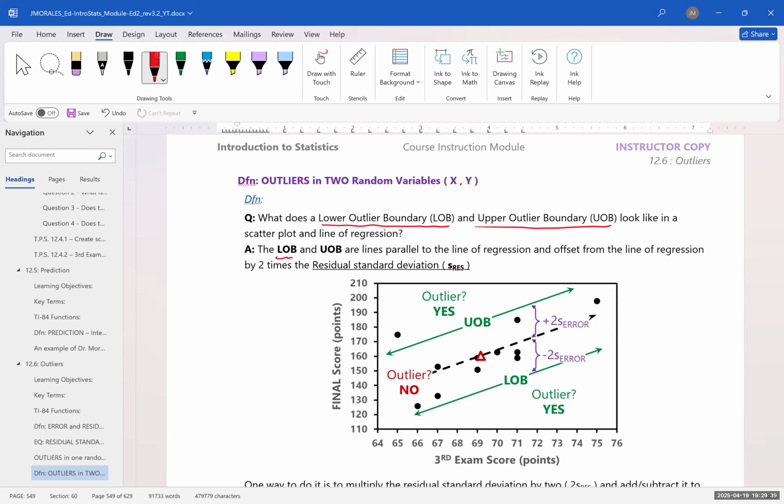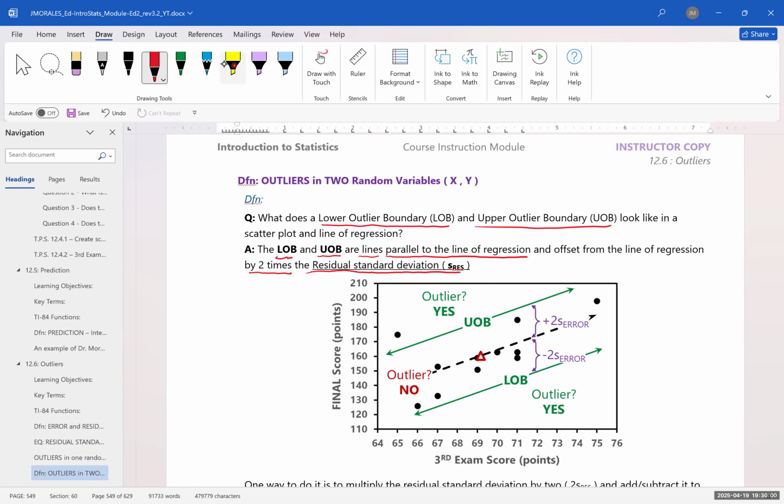The lower outlier boundary and the upper outlier boundary are lines parallel to the line of regression and offset from the line of regression by 2 times the residual standard deviation.